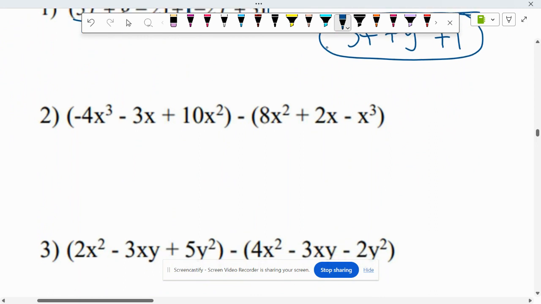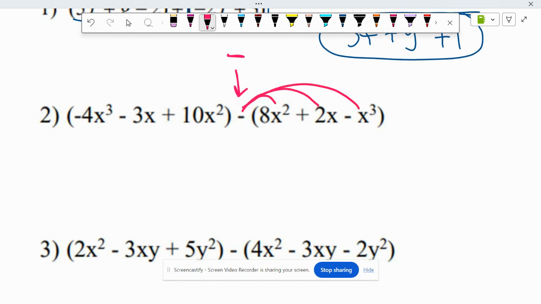Our next one is what kind of a problem? It's a subtraction problem, right? This has a subtraction sign. So the direction said we're going to distribute this negative throughout the entire parenthesis. I rewrite the first parenthesis and I don't change anything. I have 4x cubed minus 3x plus 10x squared.